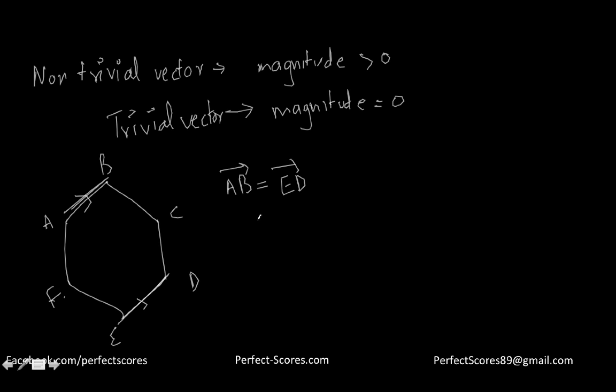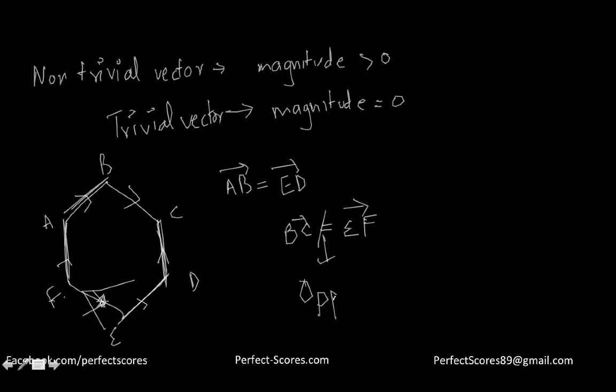In that case, vector AF will be equal to vector CD because they have the same direction and the same magnitude. However, vector BC would be the opposite of vector EF, because this is the direction of BC and this is the direction of EF. So they are opposites of each other. That is the definition of these vectors.